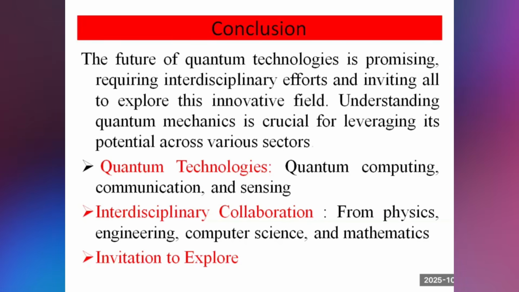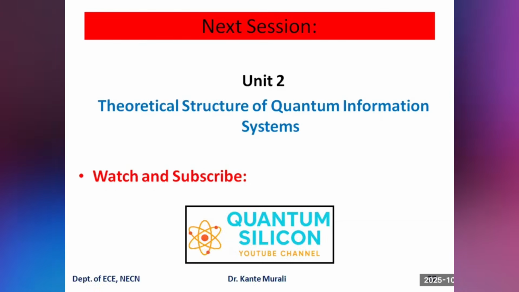Understanding these principles empowers engineers and scientists to shape the future, from quantum computers to the quantum internet. By considering quantum technologies like quantum computing, communication, and sensing, and collaborating across physics, engineering, computer science, and mathematics, all together we explore an ecosystem-like new system, to transform quantum computers into the quantum internet. The next session will deal with Unit 2, that is, the theoretical structure of quantum information and systems.